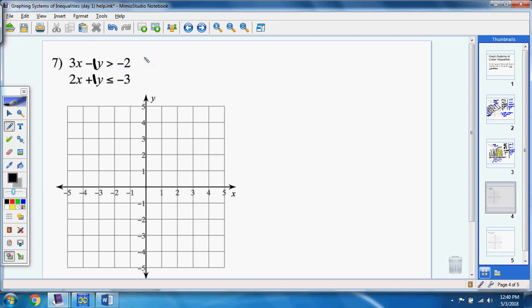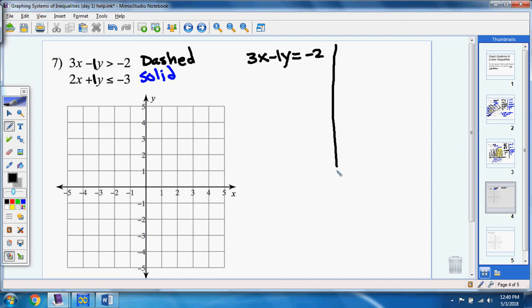First one is dashed. Second one is solid. Oops. So first line, I'm going to bring it over here. 3x subtract 1y, and I'm going to think about the equal sign, -2. I'm going to put a line segment down here to separate my work between the 2 lines.